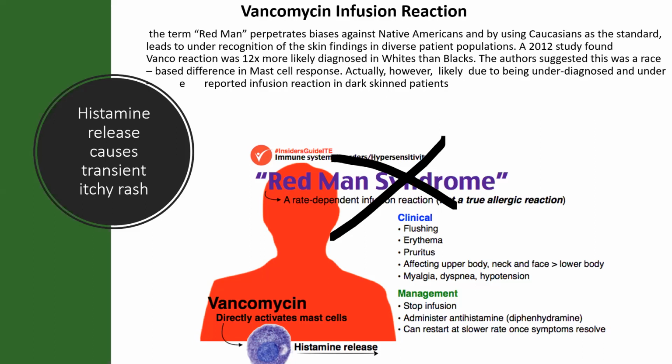And the authors were suggesting that somehow there's a race-based difference in how the mast cell responds. But actually what was going on was that they were looking for the classic red man in whites, but not realizing that in people of darker complexion, they may not actually have a red skin.